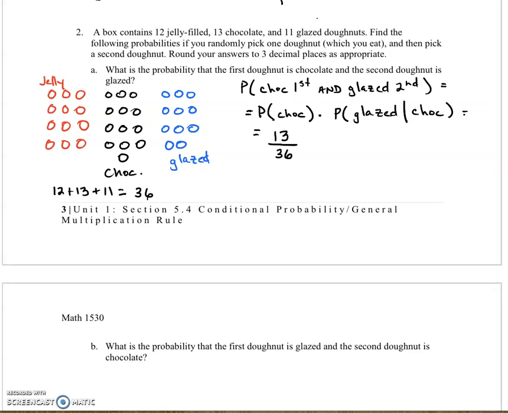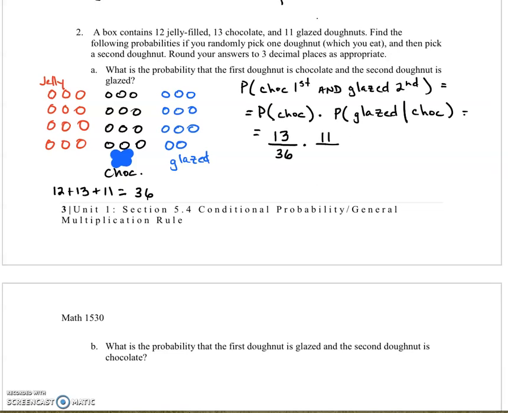Now, if we pick a chocolate donut and we eat it, what happens? One chocolate donut is now gone. So when we go to pick our glazed donut, we still have 11 glazed donuts, but how many total donuts do we have now?